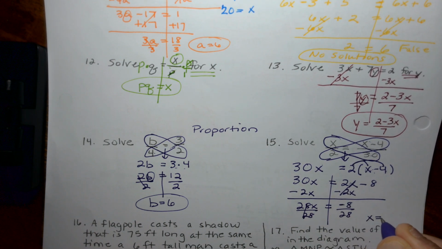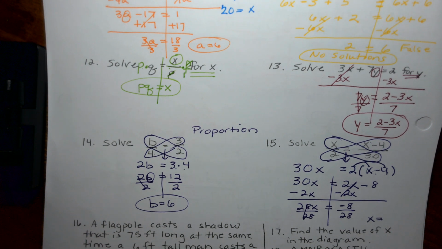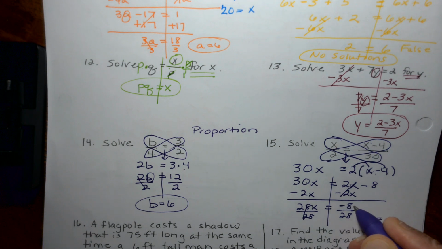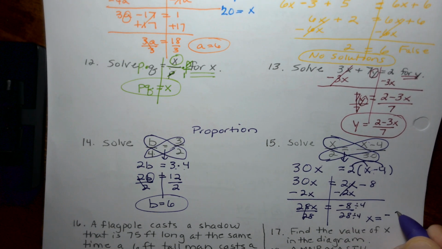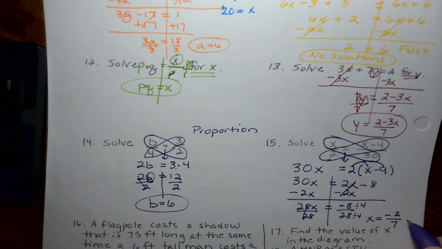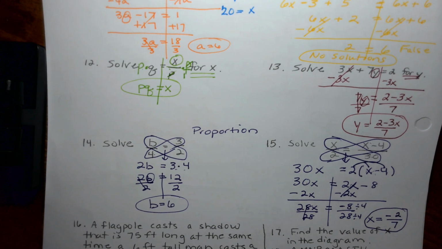And I'm left with x equals negative 8 over 28, but I see they're both even, so I know for sure I can drop down at least once. But actually, we can divide by more than 2, can't we? What can we divide by? We can divide by 4. So if I divide the top and bottom by 4, I'm going to get negative 2 over 7. And that is how you leave it. You don't divide that out. You can just leave it as a fraction.